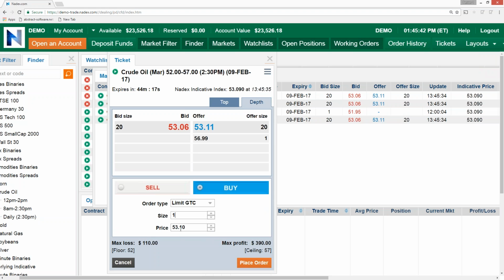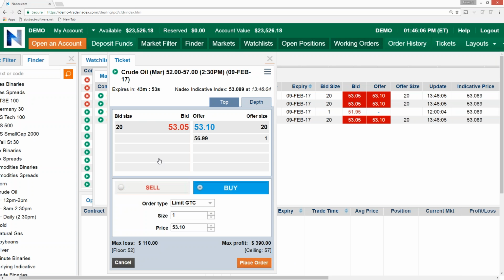Let's say that I try to get in at 53.10. Well, because I know that this is a $5 wide spread, the floor is only $1.10 below where I'm trying to enter the spread. So my maximum loss is $110. The ceiling is what? $3.90 above where I'm trying to enter the spread. So my max profit is $390.